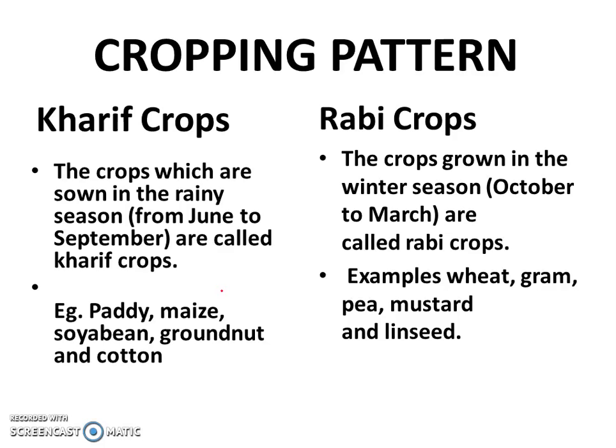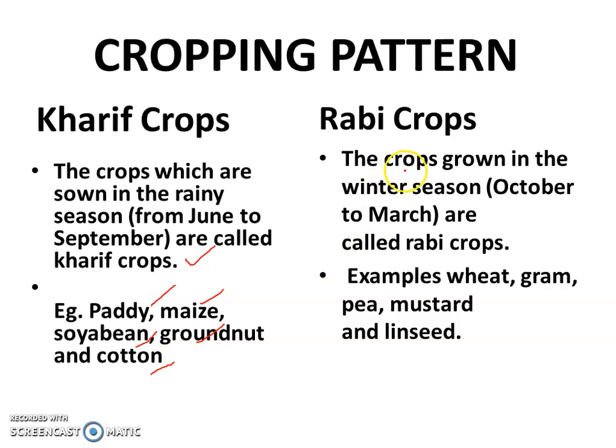In India, the rainy season is from June to September. For example, paddy, maize, soybean, groundnuts and cotton. These are examples of Kharif crops.